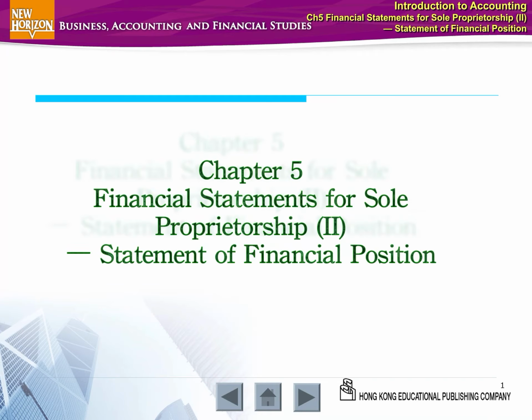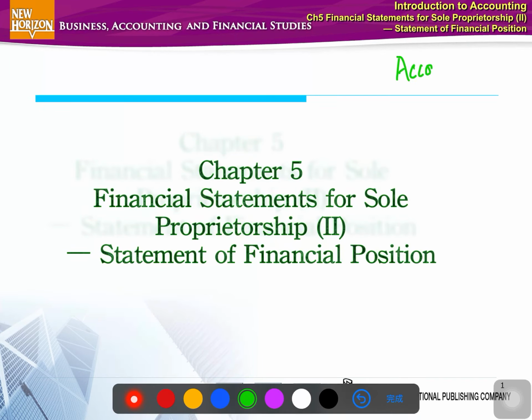Before I start this topic, I would like to have some revision for you. At the beginning of our subject, we talked about an accounting cycle, and we start with books of original entries.